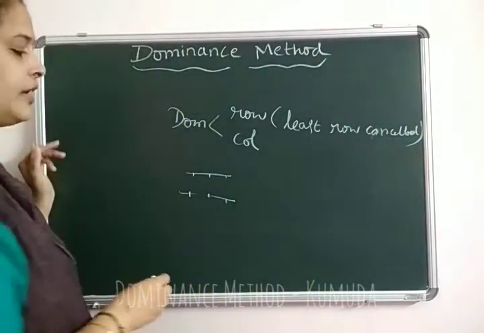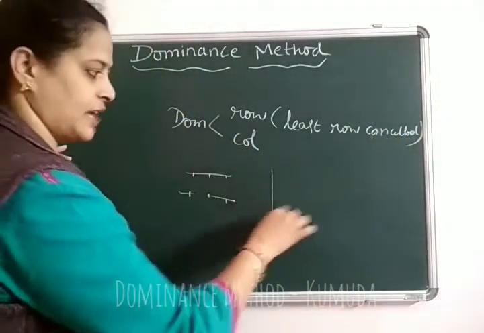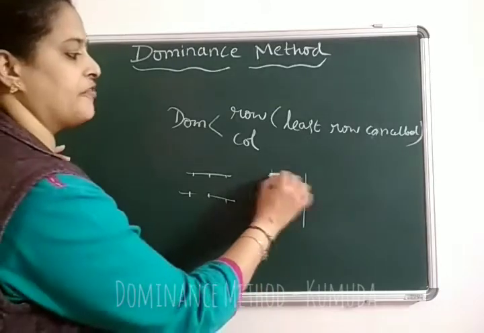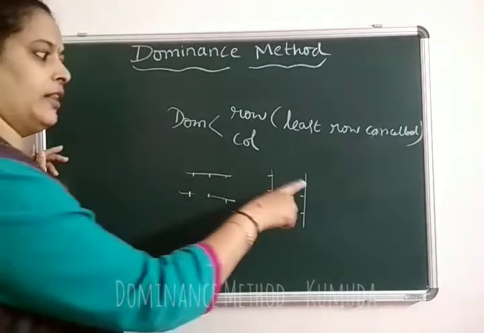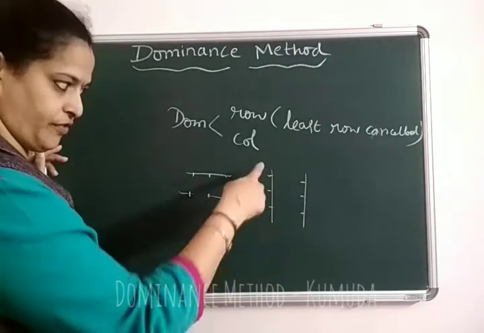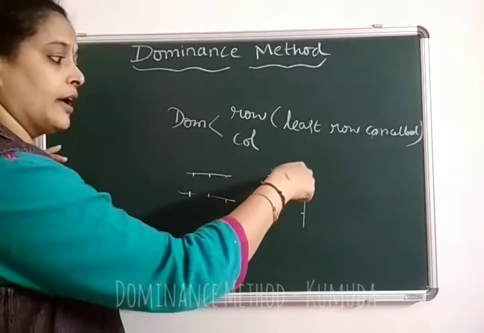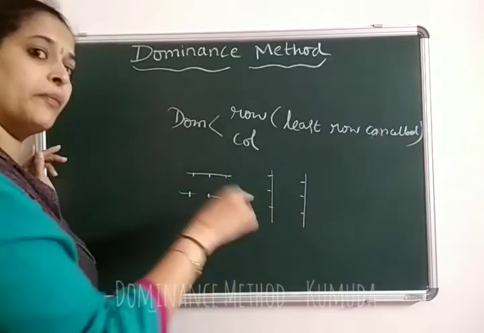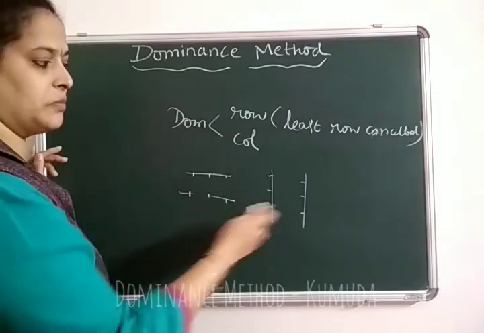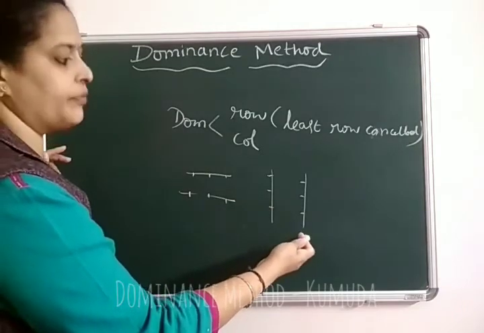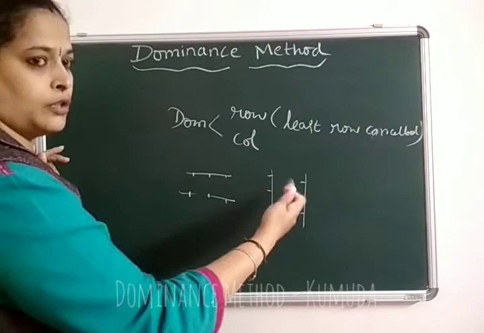Similarly, we are supposed to do the same for the columns. Compare every element of the first column with the second column. If the elements of the first column are equal or greater than those of the second column, so that the first column has the highest numbers compared to the second column, that means we have dominance here also.